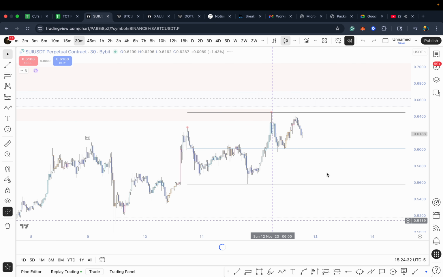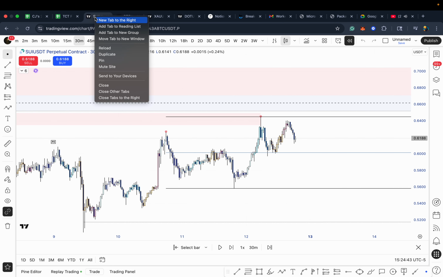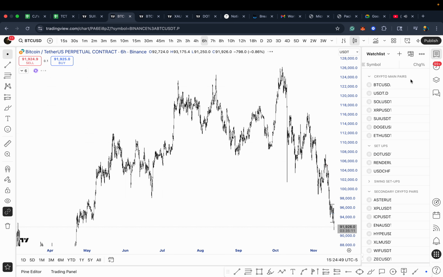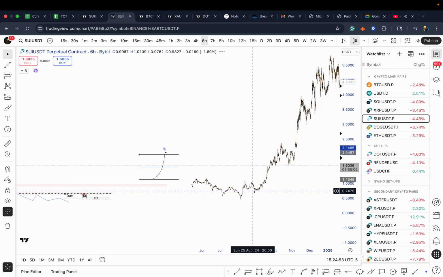Okay, and it doesn't want to play, and it won't play on the lower time frame. All right, so in this case, I think we're just going to keep rolling. We're going to battle through. We're just going to duplicate the tab and quickly go back to SUI. Don't want to make this video too long. Bear with me.